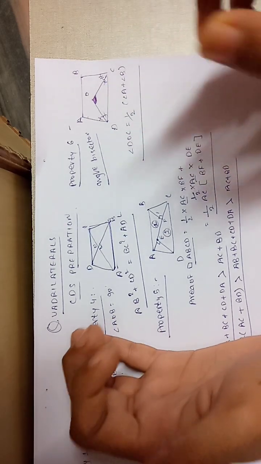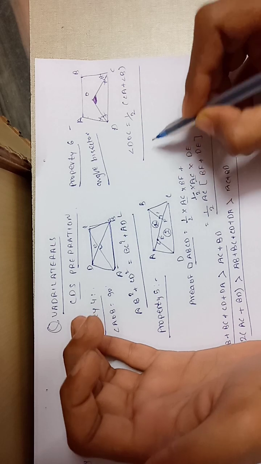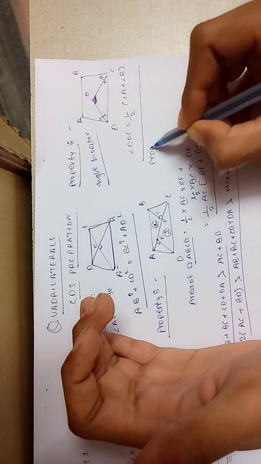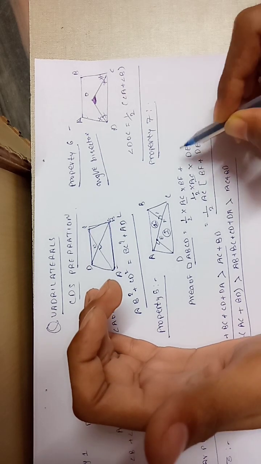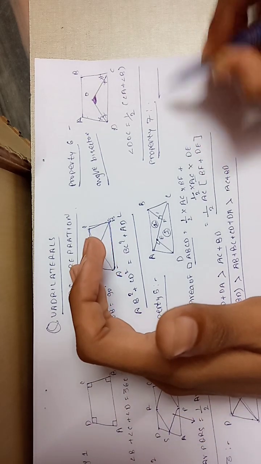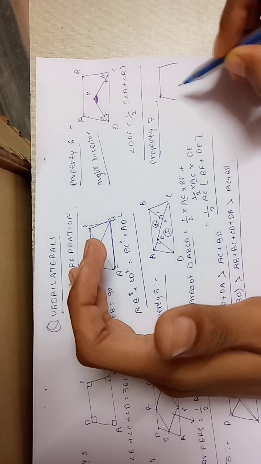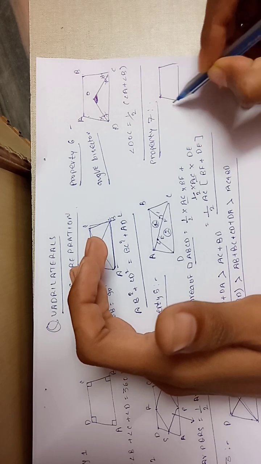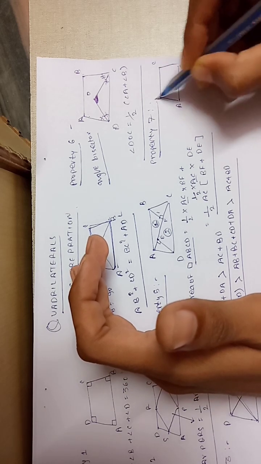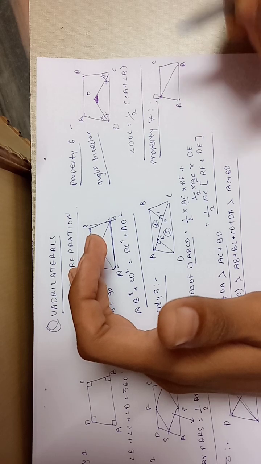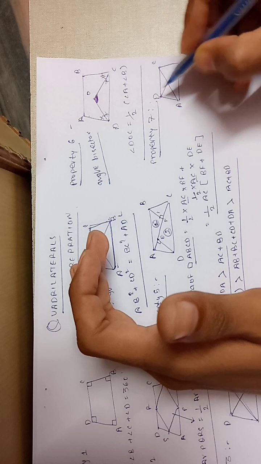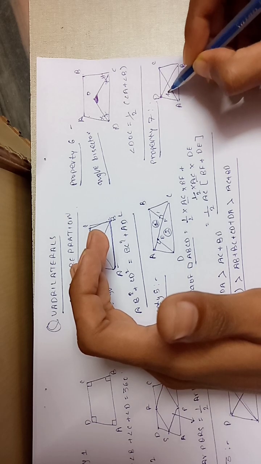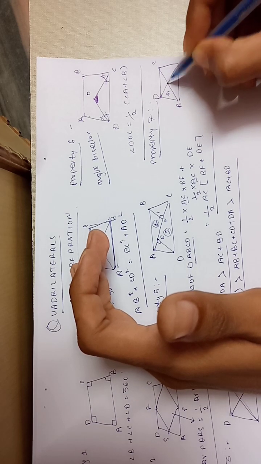And the last important property, property number 7. What does property number 7 say? Again we draw a quadrilateral and name it ABCD, and draw the diagonals.